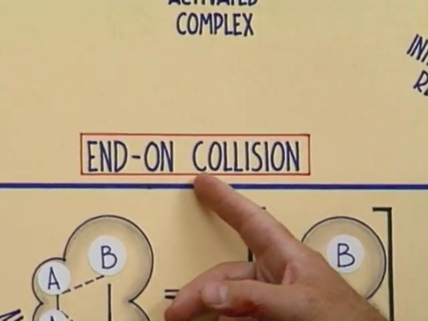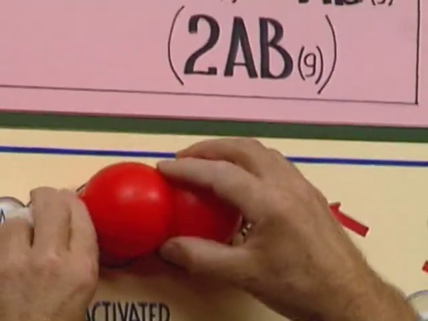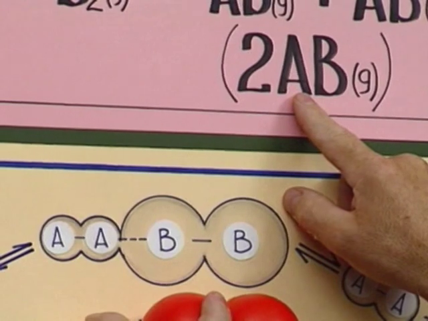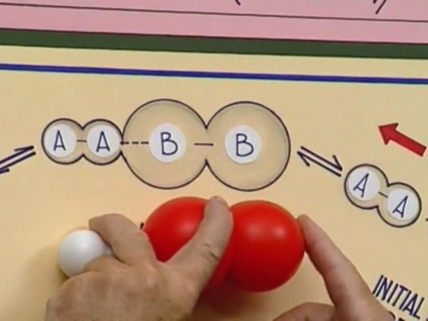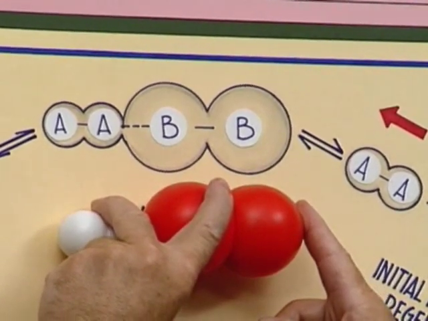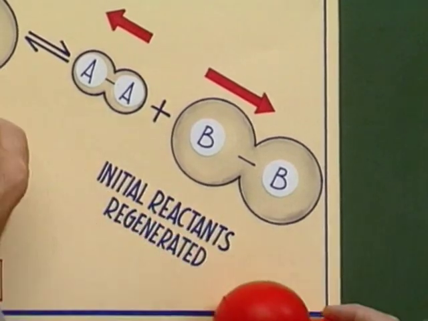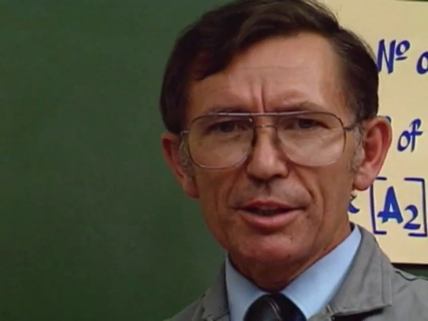With end-on collision, the activated complex cannot decompose to form the products AB, since the outer A atom and B atom are not in close contact to produce electron rearrangement, and the initial reactants are simply regenerated when they fly apart with the same total kinetic energy as before the collision.